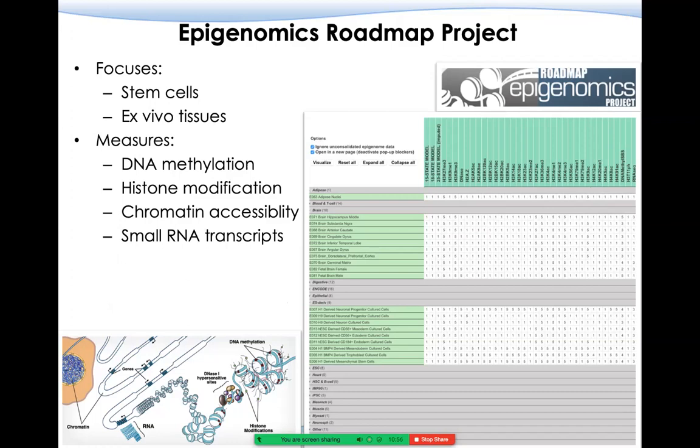They focus on epigenetic features, including DNA methylation, histone modification, chromatin accessibility, as well as small RNA transcripts. And major data are available as well. I want to mention here that the ENCODE project is still continuing, and in addition to the cell lines they're using, they are moving into tissue types as well.